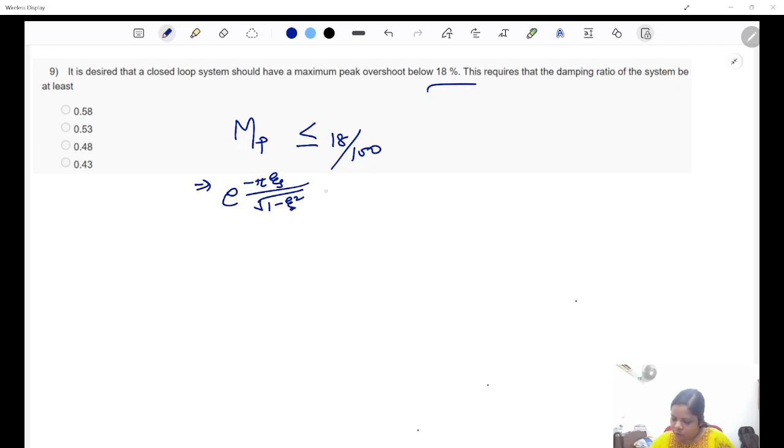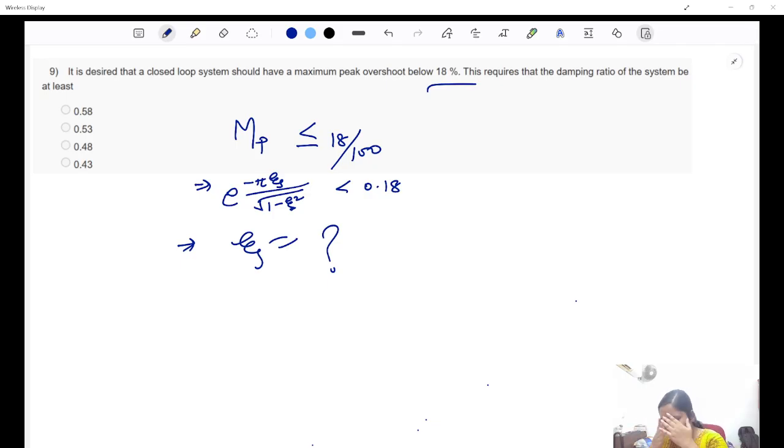So this thing should be less than 0.18. Right? From here, please find the value of zeta and tell me what the correct answer is. There are different approaches that you can take.